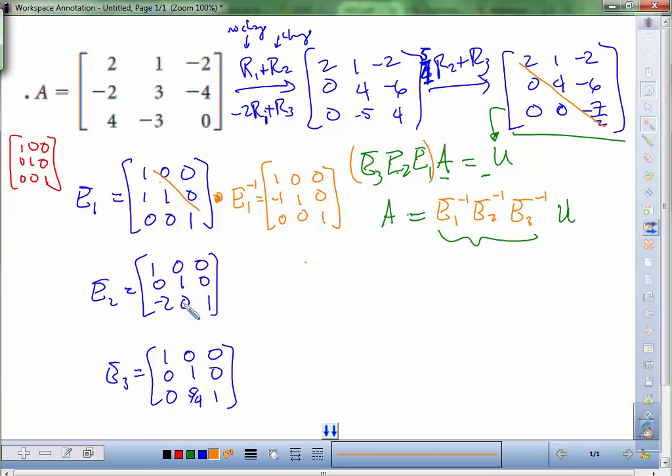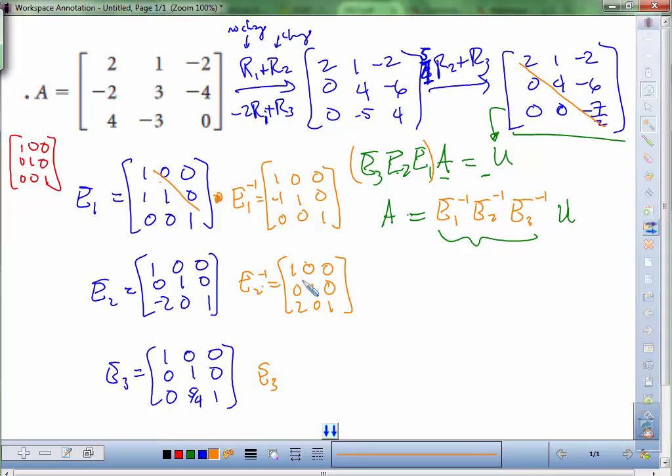What's the last row? Positive 2, yeah. So to get E2 inverse, it's essentially the same thing, except instead of negative 2, the move that we made over here, we're going to look at the positive 2, 0, 1. Why? Because if we multiply these two together, we should get the identity matrix.